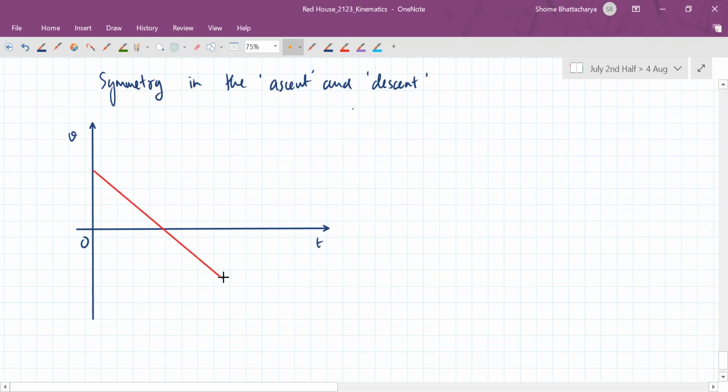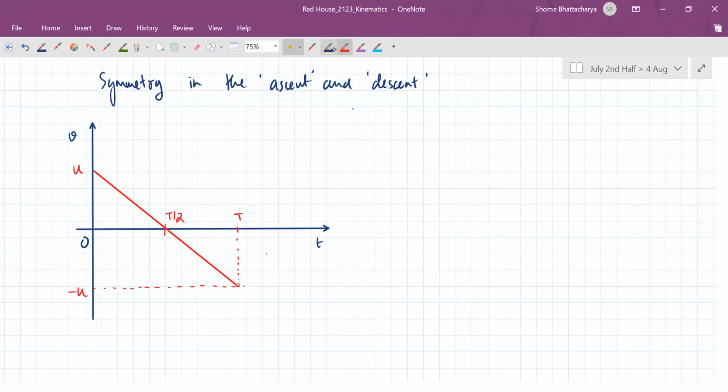At the highest point, it's at rest, and that is like the midway of the total journey. So if this is the total time of the motion for ascent plus descent together, then this is exactly the halfway point when the velocity becomes zero. And by the time it descends and reaches the ground, its velocity has become minus of u.